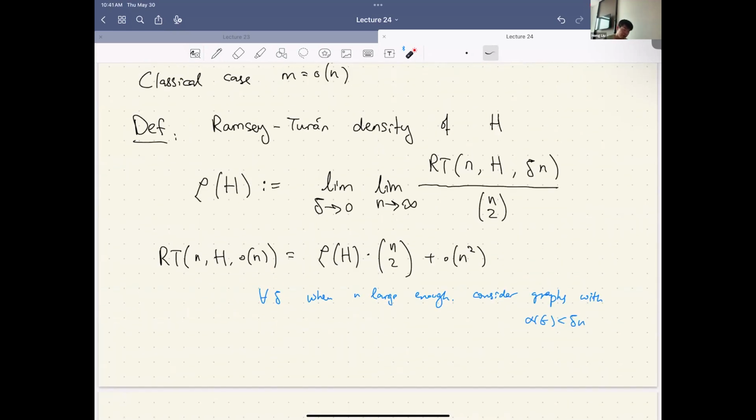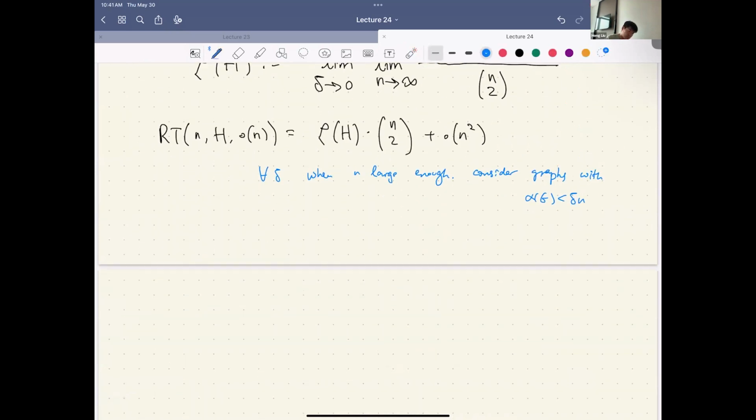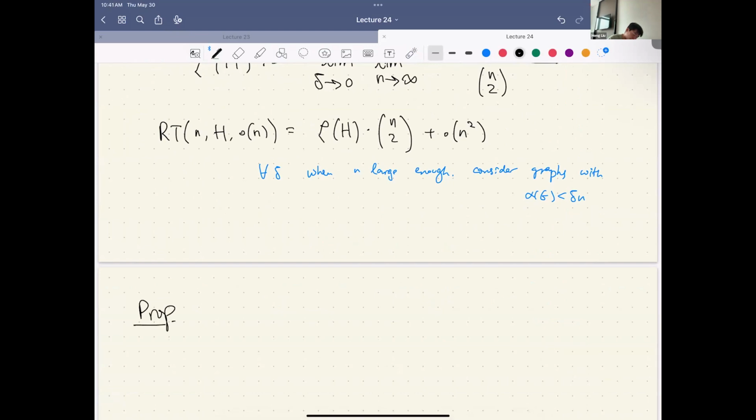To get familiar with this notation, let's first do the easy case when H is a triangle. So here's a proposition.